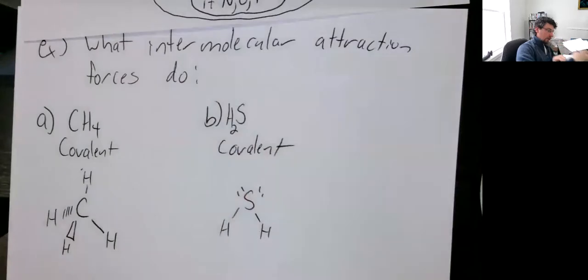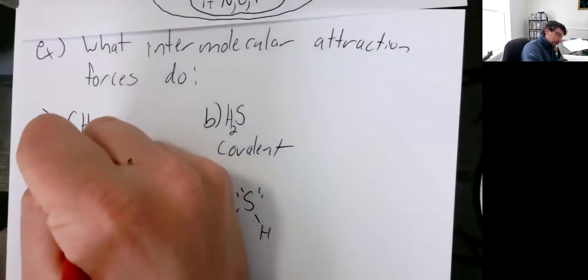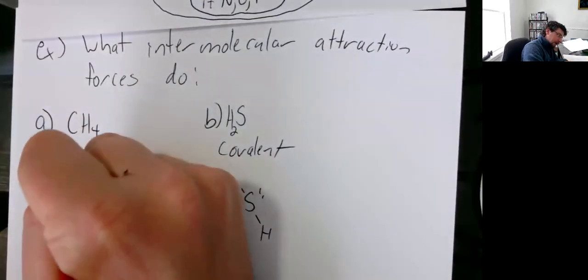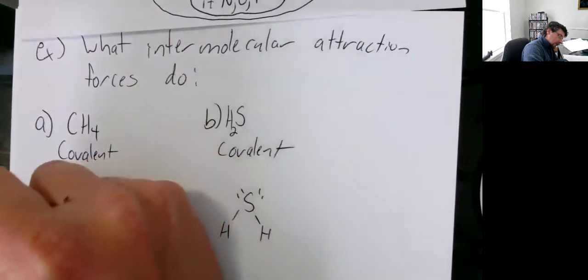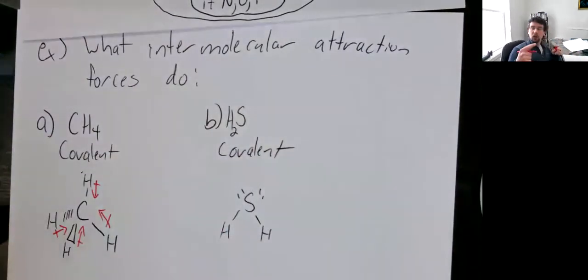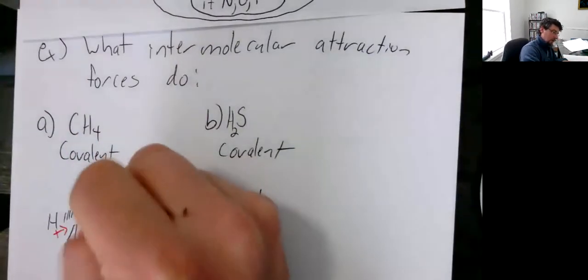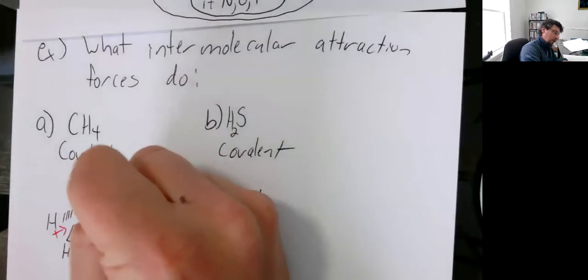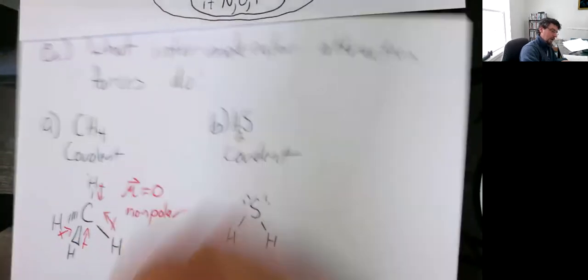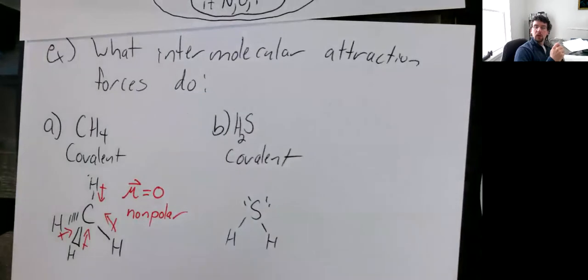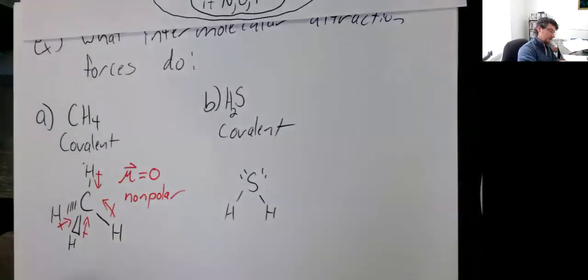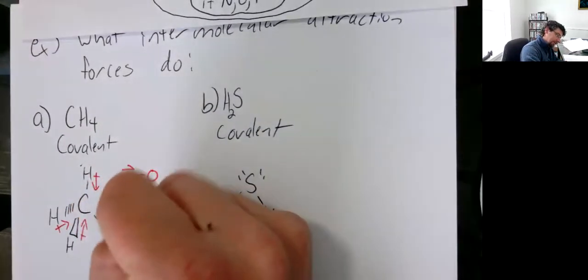Okay, if we draw out all the bond dipoles for methane, what we notice is they're all equal and they cancel one another out. Therefore, there is no net dipole, and this compound is nonpolar. And since it's nonpolar, the only intermolecular attraction force it has is dispersion.